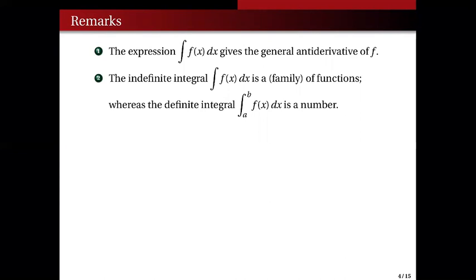C equals 1, C equals 0, C equals 2, C equals 1 half, etc. Those are specific antiderivatives, whereas if you put the plus C, you are calling all the members of the family. So it's a family of functions.